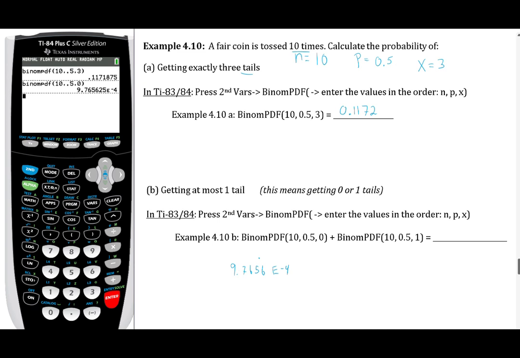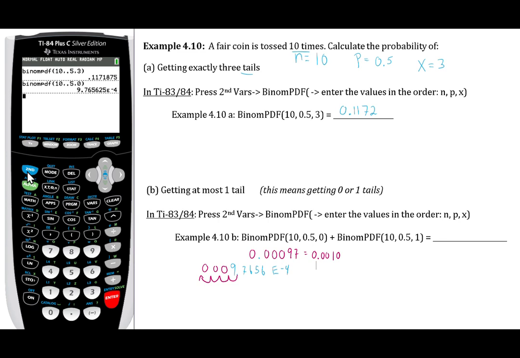This is scientific notation, and it says that we need to move the decimal place 4 places to the left. So we would have 1, 2, 3 zeros. Again, if we wanted to round this to 4 decimal places, this would be 0.0010, because the 9 would get rounded up by the 7, and it becomes 1/1000th.